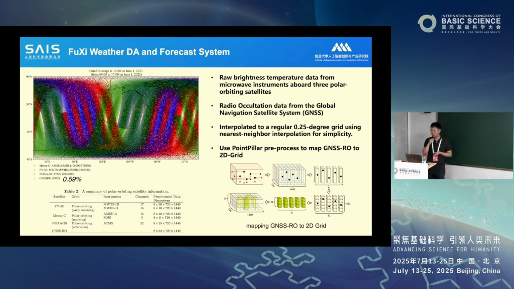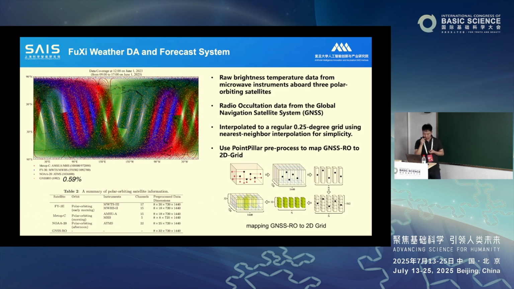For this data assimilation work, we directly assimilate raw brightness temperature data. Those observations can be put into the model without any pre-processing.